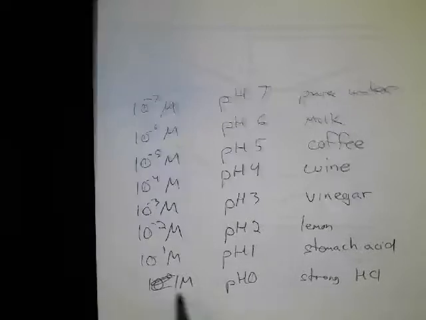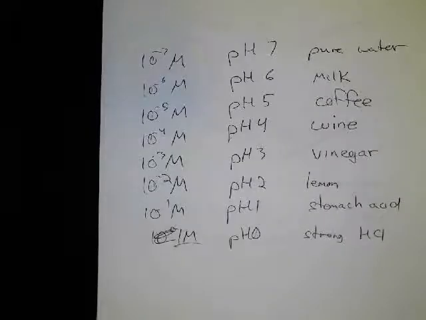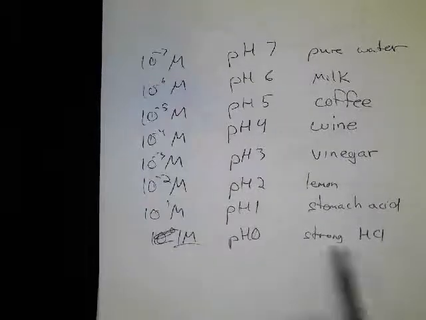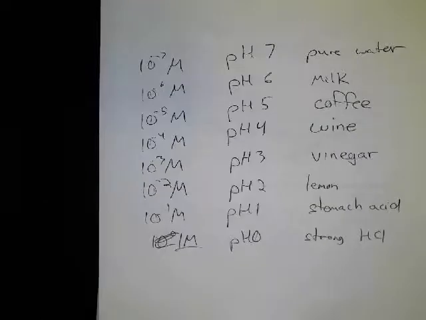So 1 molar acid. Before, when we tested a sugar in our lab, we did 1 molar sugar solution. You actually tasted that, and some of you thought it tasted pretty good. Well, that's a certain strength of sugar. If you have the same strength but not sugar molecules, acid molecules, that's 10 times stronger than your stomach acid. That can really do some damage to your skin or your body tissues.